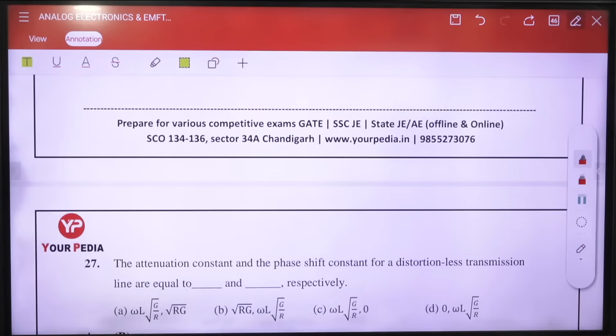The attenuation and phase constant of a distortionless transmission line will be what? Attenuation constant is not zero for a distortionless line. This is distortionless line, not lossless line.